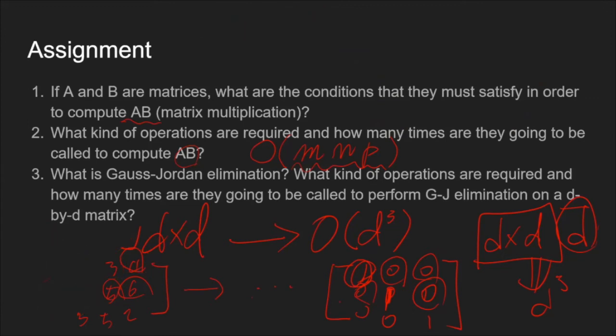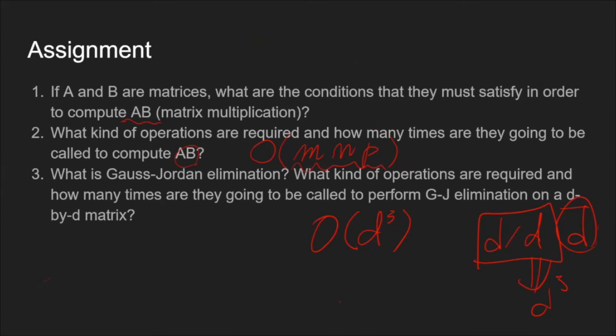So that's not the point here. The point, and this is an important point for our course, is that you have the complexity of m, n, and p for matrix multiplication, and then you have a complexity of d cubed for Gauss-Jordan elimination to get the inverse.